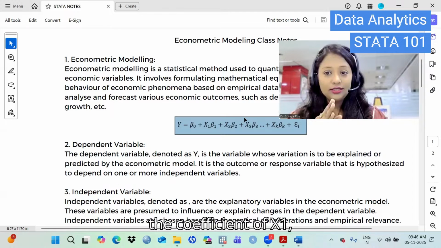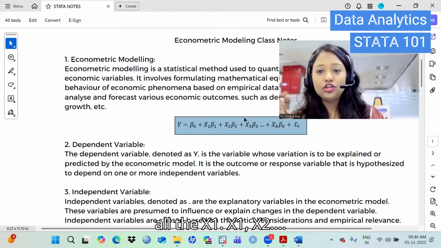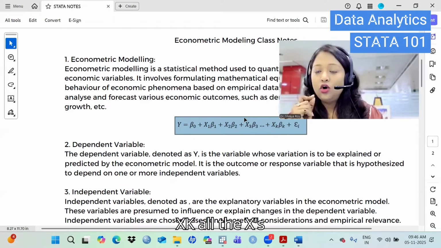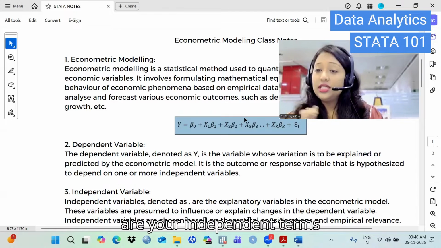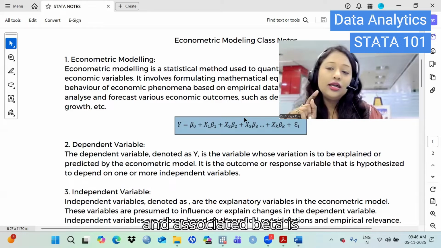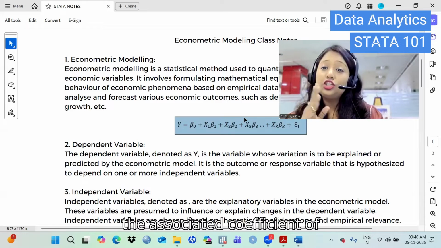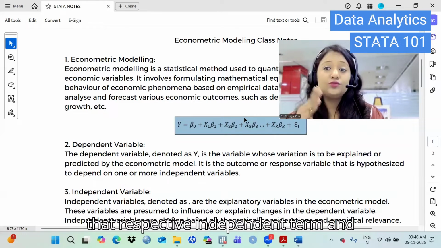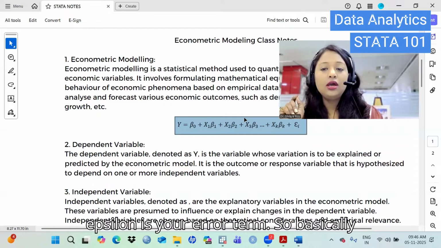All the x's, x1, x2, to xk, are your independent terms, and the associated beta is the associated coefficient of that respective independent term, and epsilon is your error term.